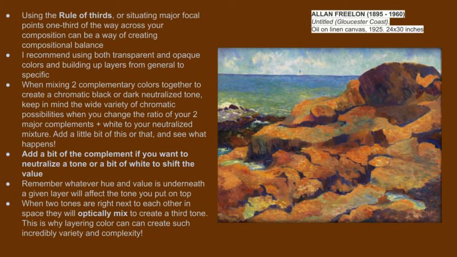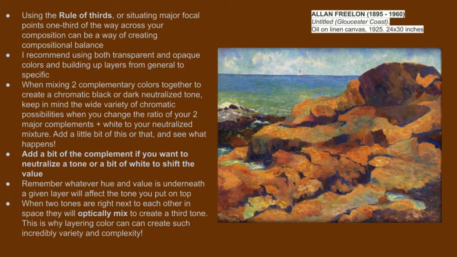Also, when you're mixing two complementary colors together to create a chromatic black or a dark neutralized tone, keep in mind the wide variety of chromatic possibilities when you change the ratio of your two major complements and white to your neutralized mixture. So add a little bit of this or a little bit of that and just see what happens. You're really going to have fun when you start to really dive into the shadows that you see and really interpreting what colors you see in the shadows.